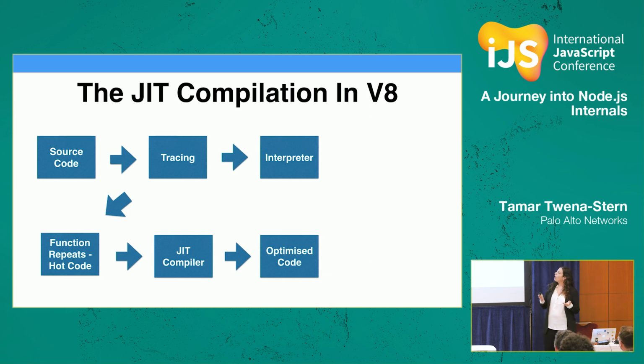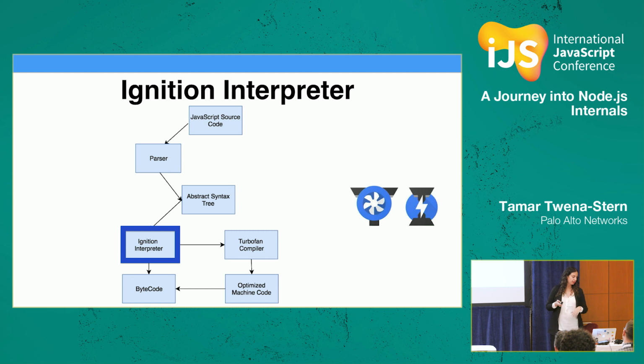So what's happening in V8? Something very similar. We have a source code. We're tracing the source code. When that tracing detects hot code, it sends it to the JIT compiler, which is the Turbofan compiler, and creates a version of optimized code. What is the Ignition interpreter?